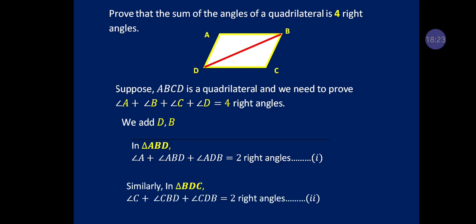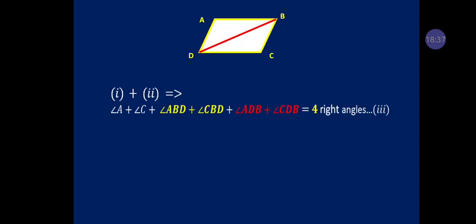So in triangle BDC, angle C plus CBD plus CDB is 2 right angles. What we will do is add equation 1 and equation 2. Let us see what happens. In the next slide, I have added them. Angle A plus angle C plus angle ABD plus CBD plus ADB plus CDB equals 2 right angles plus 2 right angles, which is equal to 4 right angles.